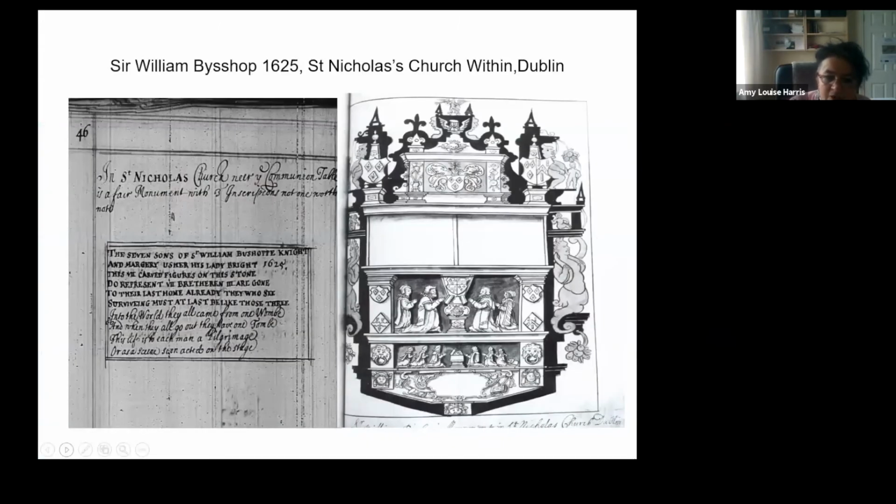Another memorial in which he only records the inscription is the Sir William Bishop monument, very elaborate looking. Unfortunately, it is no longer in existence. The illustration on the right-hand side of the page is from the Chief Herald's office, from another manuscript called Monumenta Blanae.